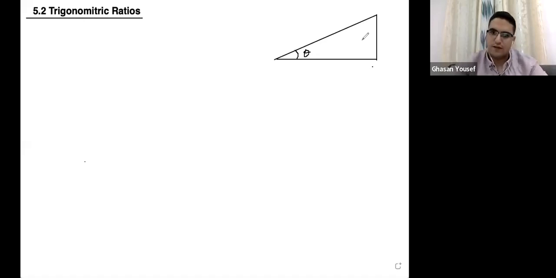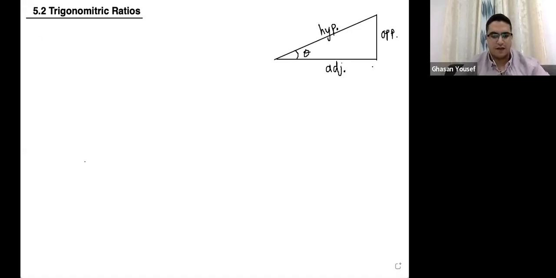This side is called the opposite of theta. This side is called the adjacent. And here is the hypotenuse of this angle theta.